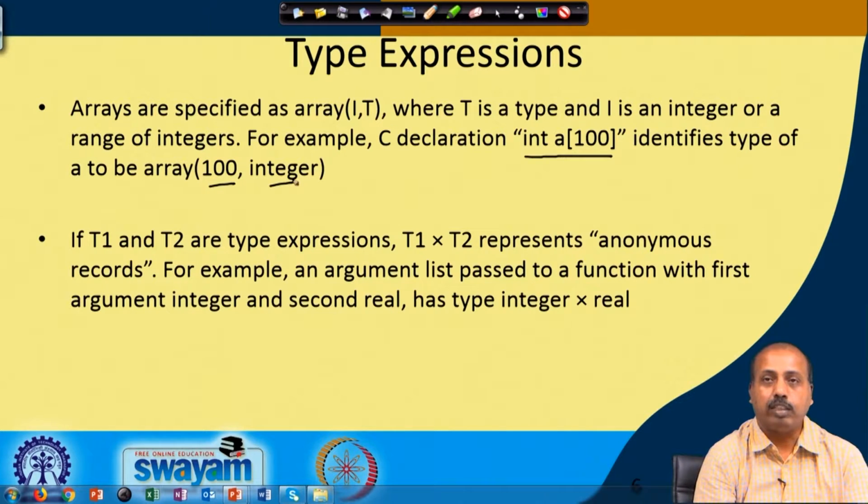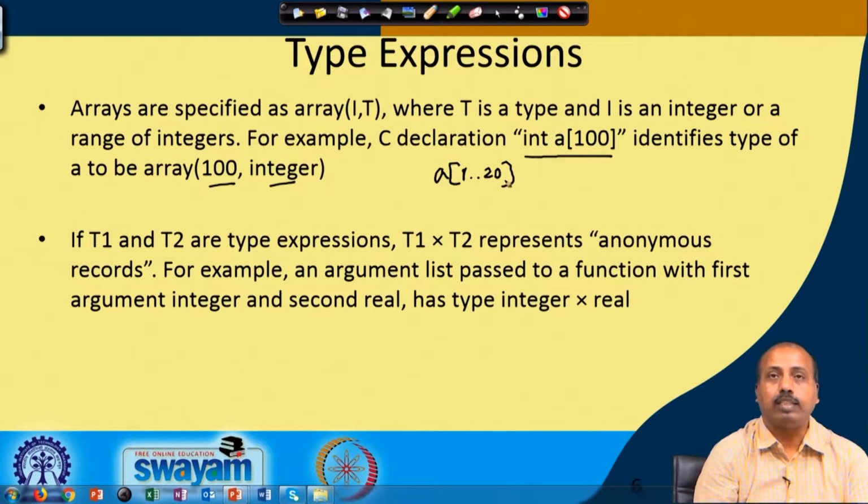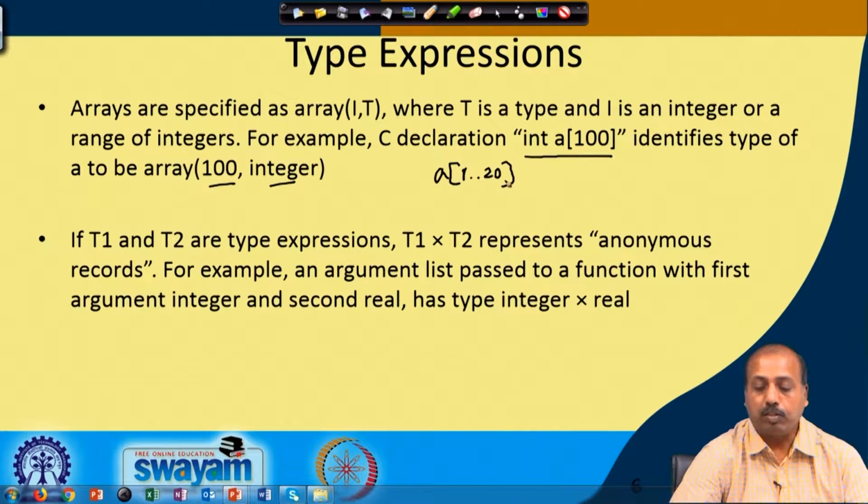As I said, it can be a range of integers also. This is particularly true in some other programming languages, not in C, particularly hardware description languages. There we have this type of construct, where you can define an array A and tell the range, say 1..20. It is saying that the indices will run from 1 to 20.